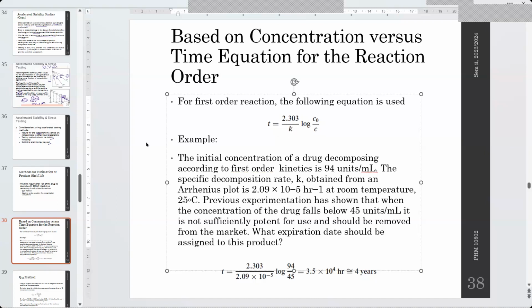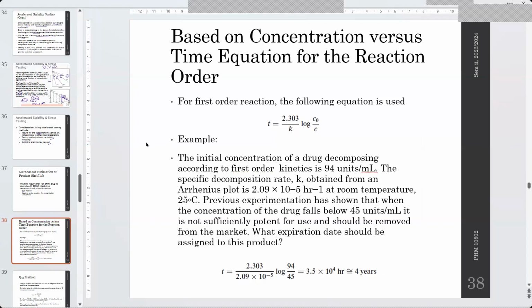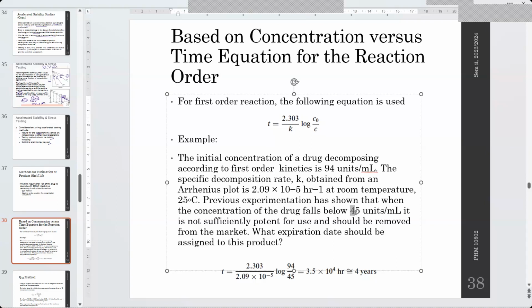If we want to estimate shelf life at 30 degrees, then it should be K30. Here K is at 25 degrees. It's considered expired if we reach 45 units. Below 45 is expired. So I want to calculate the time from 94 up till 45.